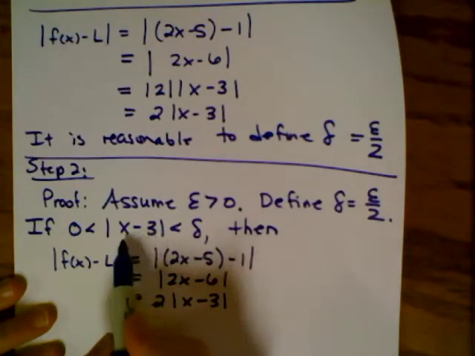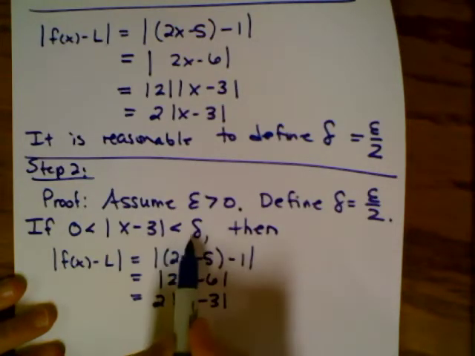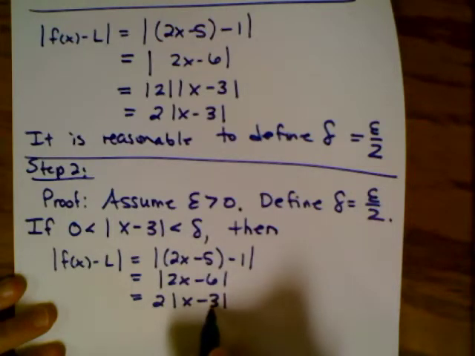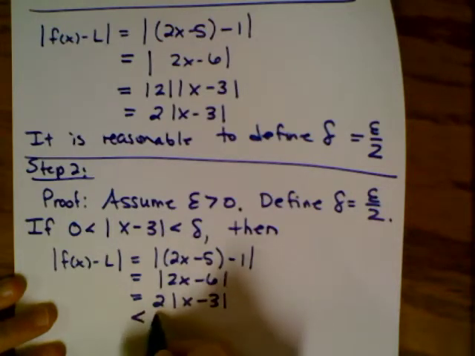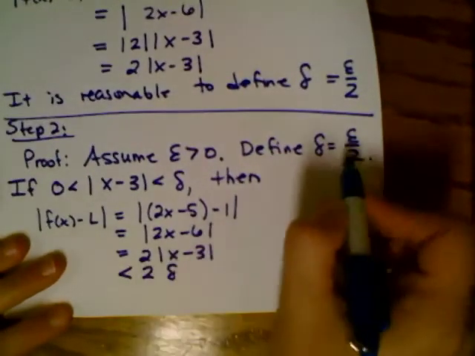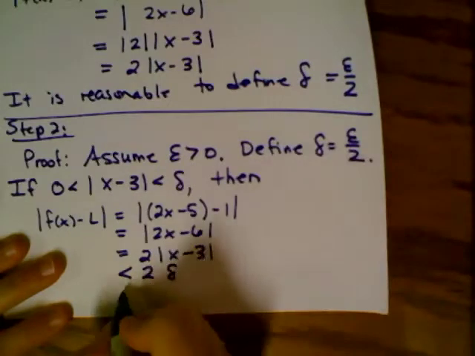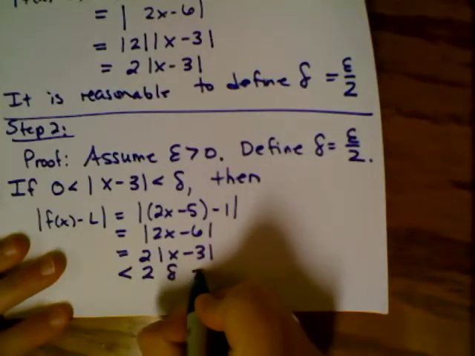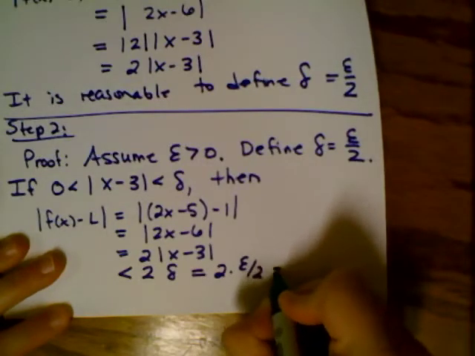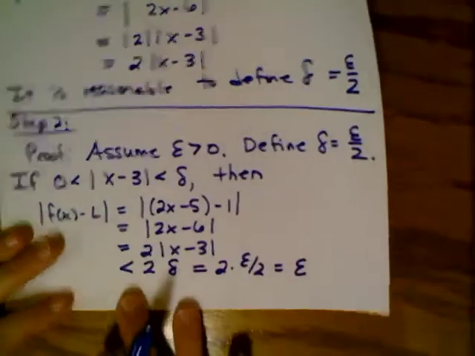We've already assumed the difference x minus 3 is less than delta. So that implies 2 times the absolute value of x minus 3 is less than 2 times delta. Well, delta has been defined as epsilon over 2. So 2 times delta would be 2 times epsilon over 2, which simplifies to epsilon.